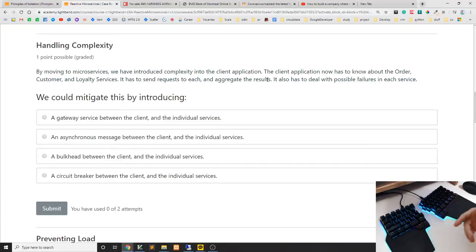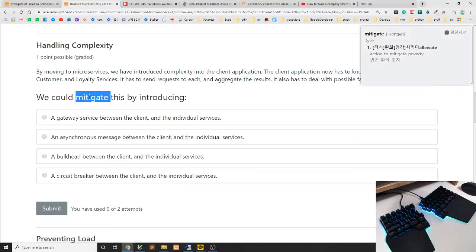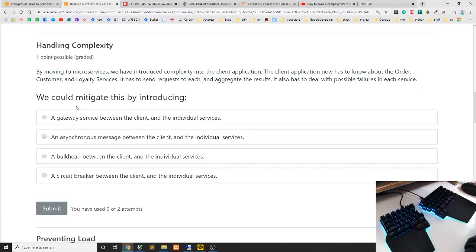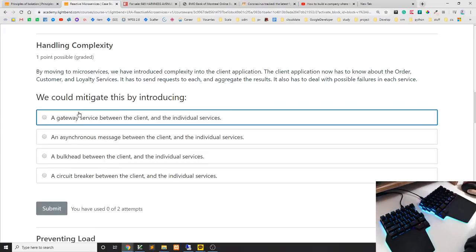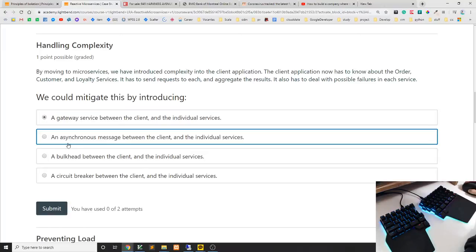It also has to deal with possible failures in each service. We could mitigate this by introducing a gateway service between the client and the individual services, or an asynchronous message between the client and the individual services.